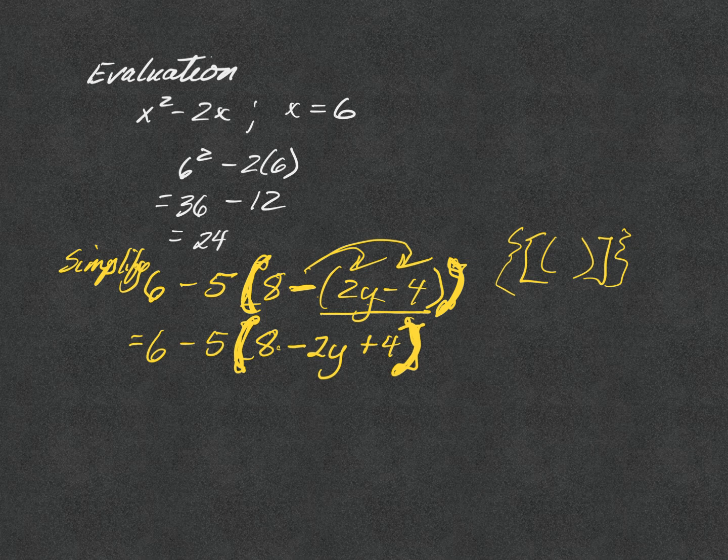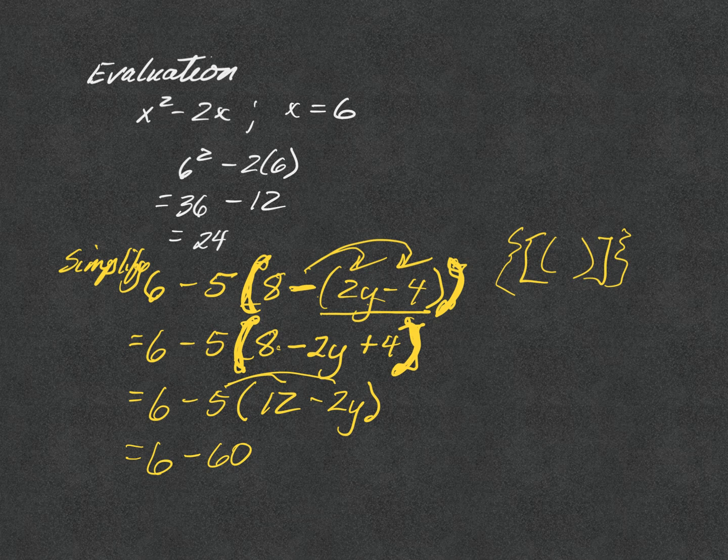Anyway, I have like terms here, the constants, the 8 plus the 4. So I'm going to do that, 6 minus 5. And 8 plus 4 is 12. So I have 12 minus 2y. All right. Now, there are no more like terms, so I can now do my distributive property by -5. So I get 6 minus 60, -5 times 12, plus 10y.